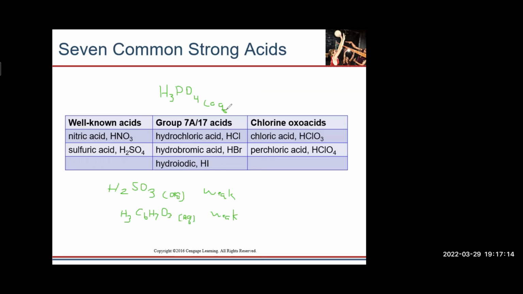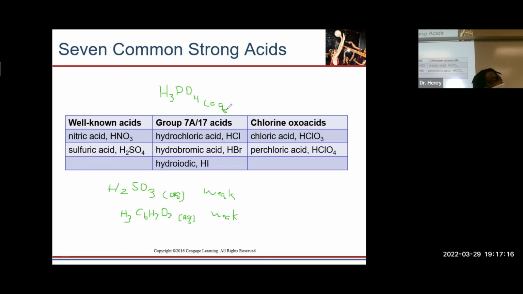Yes, it's phosphoric acid. So a general rule: if it's IC, unless it's a carbon acid, it's going to be a strong acid. We also know that doesn't hold true for hydrofluoric acid, right? But that's the exception. So would this be a strong acid or a weak acid? Strong acid.